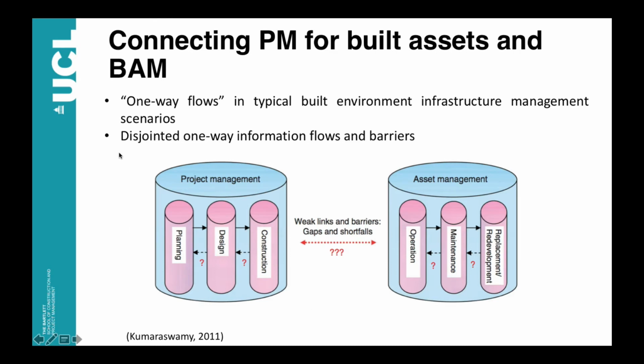So, actually, what we usually have in that relation is disjointed one way information flows and barriers. We need a conductive thread between all the stages and particularly between the project management and the asset management.